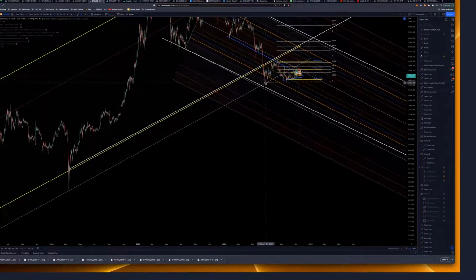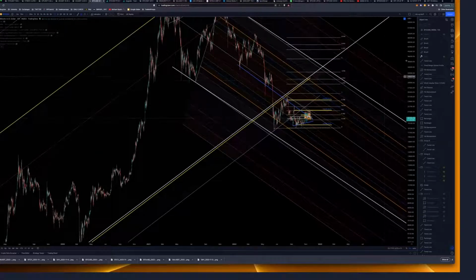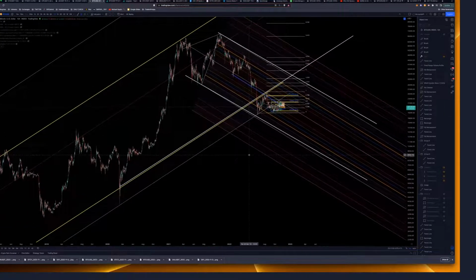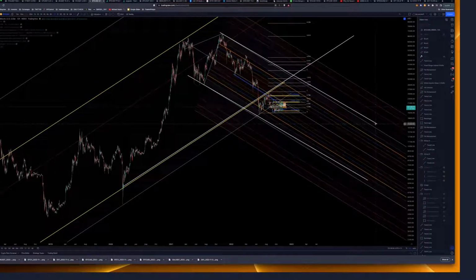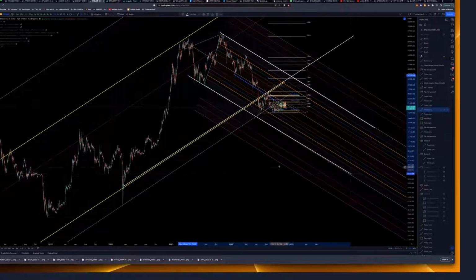So this line here becomes a main resistance level coming forward. But I think, so if you know about channels, it's about trend. And this is a downtrend at the moment. And we need to break this channel to actually say, okay, the bull market started. So I'm looking at this, I don't know why that moved, but for the bull market to start, we need to see this channel broken.